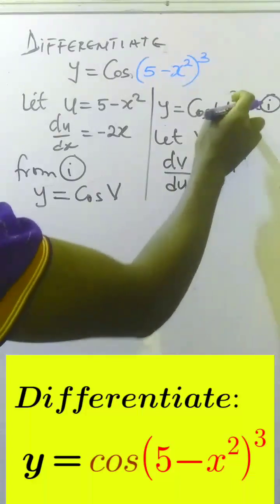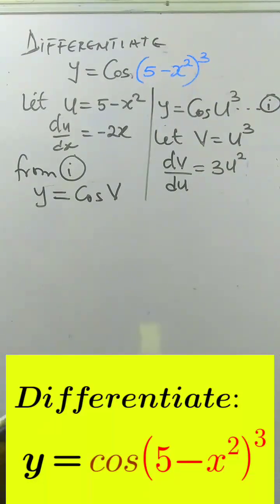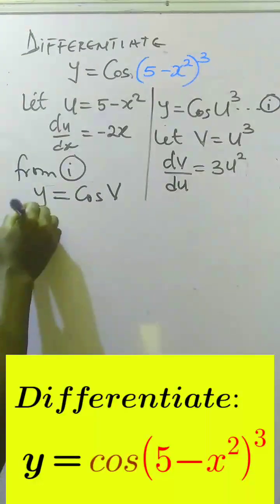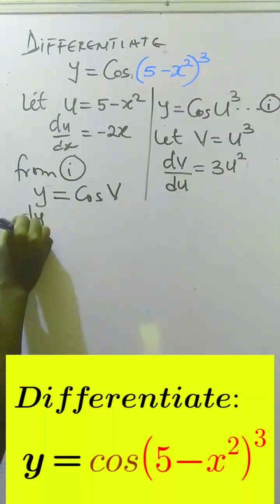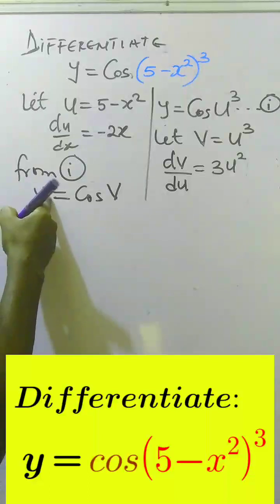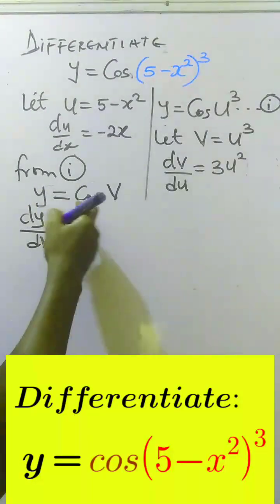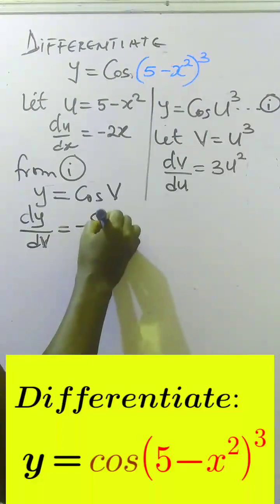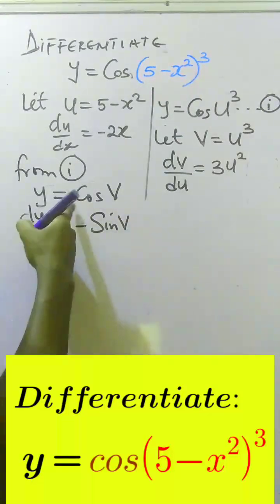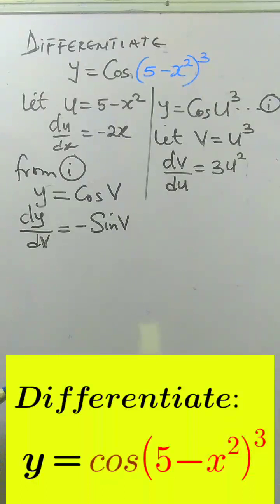Can you see that? Now let me differentiate this from our standard derivative. I'm going to differentiate y with respect to v, dy/dv. If you differentiate cos v, that gives you minus sine v.